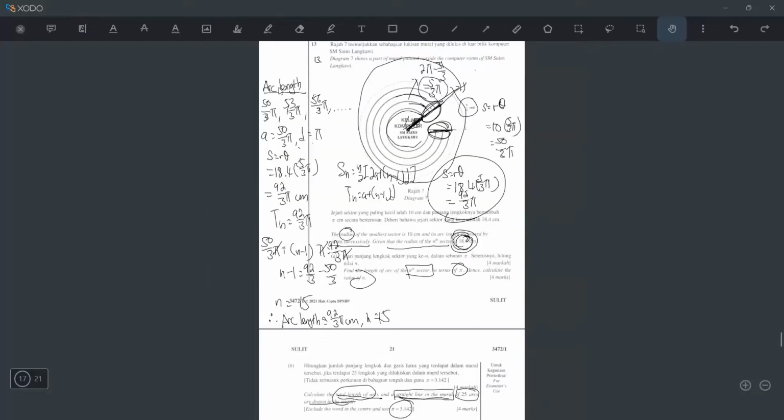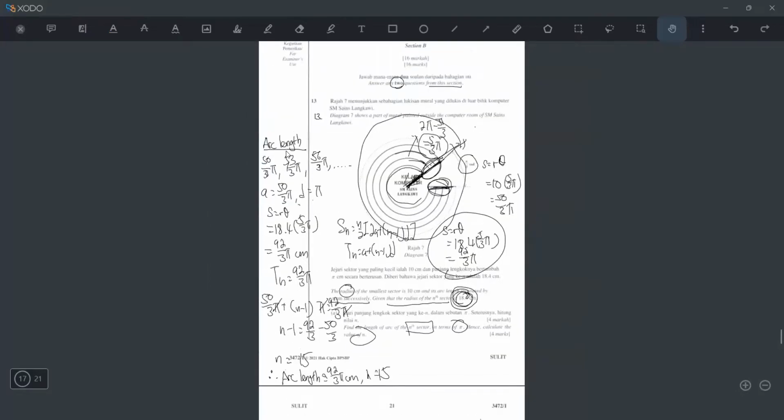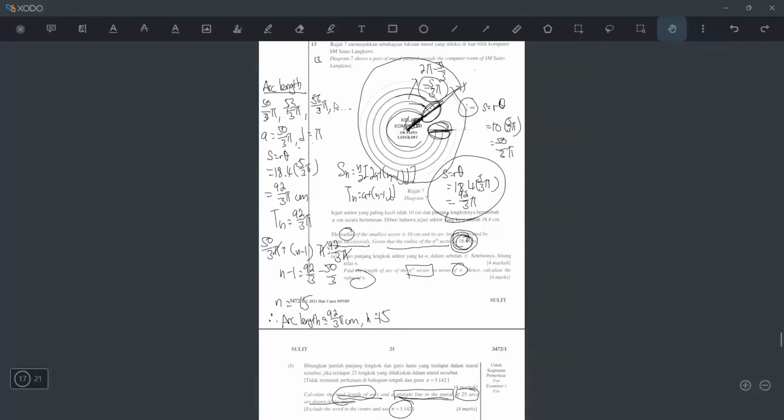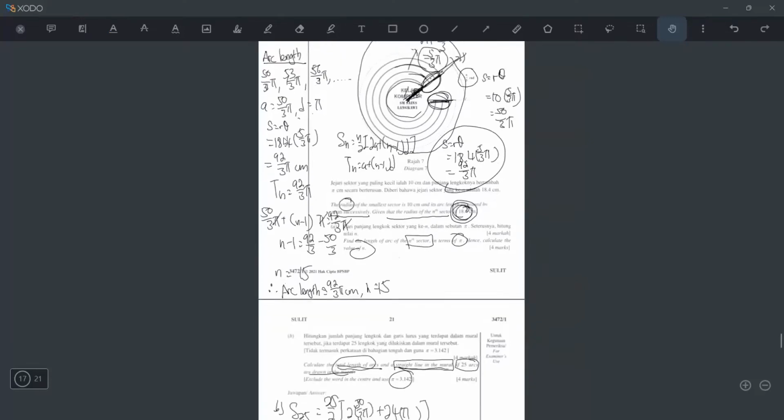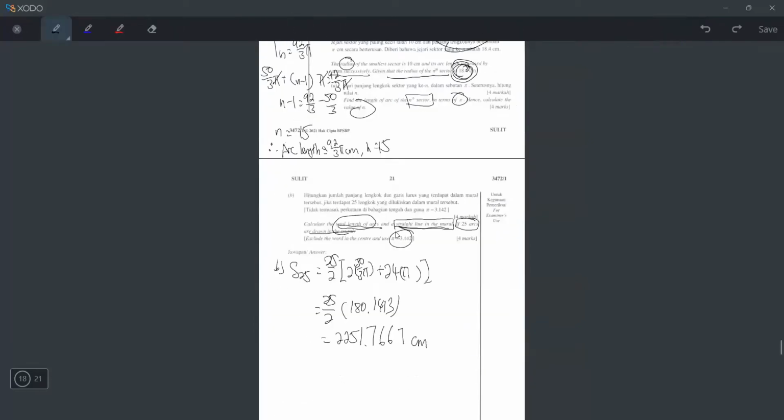But how to find the radius of the 25th sector? First, you need to find the arc length for the 25th sector, because the progression is for the arc length. So you find T25 first. The formula for Tn is a plus n minus 1 d. So it will be a plus n minus 1, which is 24, times d.